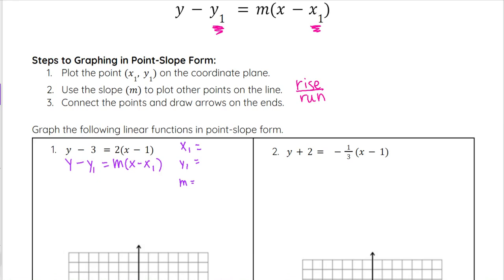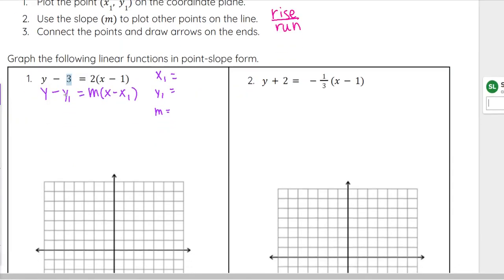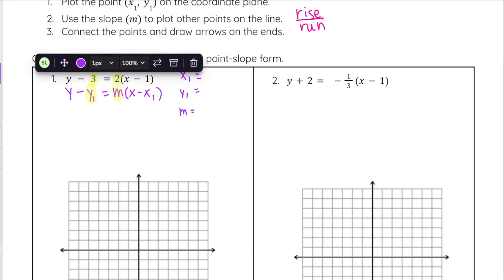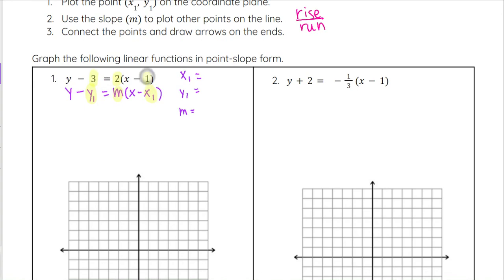So our 3 is representing our y1. And then our 2 is representing our m. And our 1 right here is representing our x1. So we can see the numbers in those x1, y1, and m places.